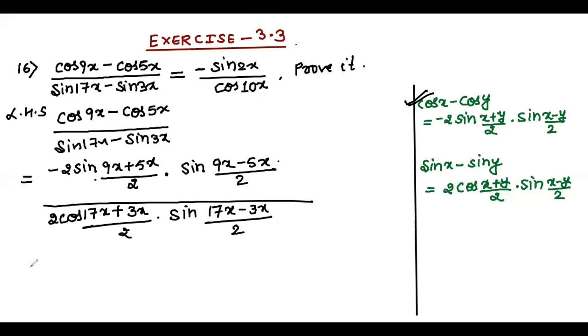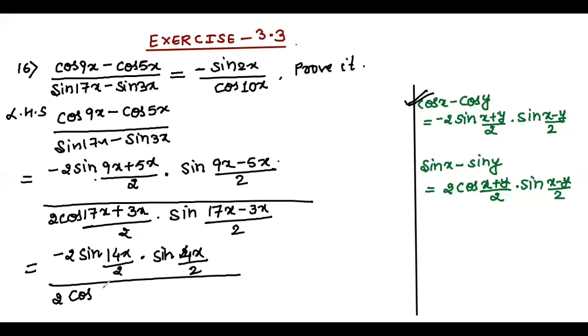Now we'll calculate it. Minus 2 sin(14x by 2) into sin(4x by 2), divided by 2 cos(20x by 2) into sin(14x by 2).